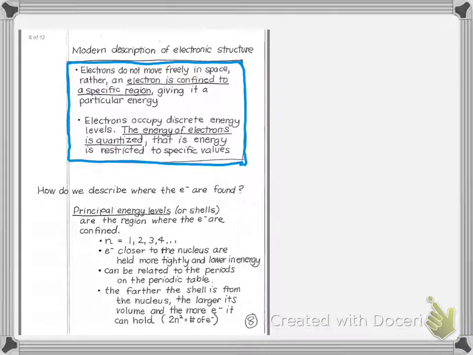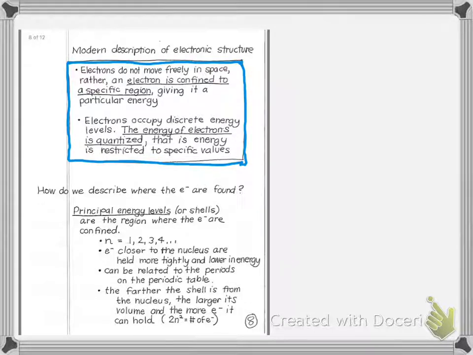So it says, electrons do not move freely in space. Rather, an electron is confined to a specific region, giving it a particular energy. So electrons have particular energies. Okay, so they're going to have certain places that they are found. The other thing we need to consider is the second one.